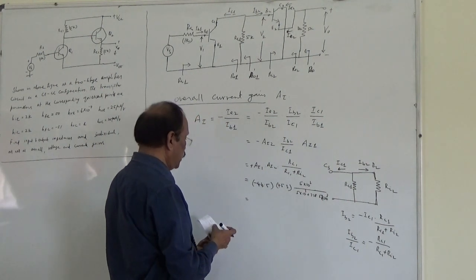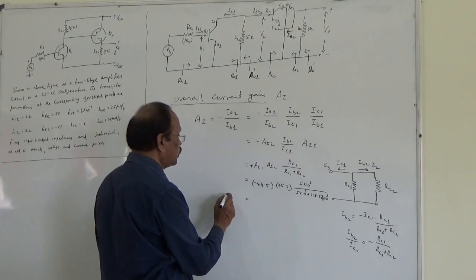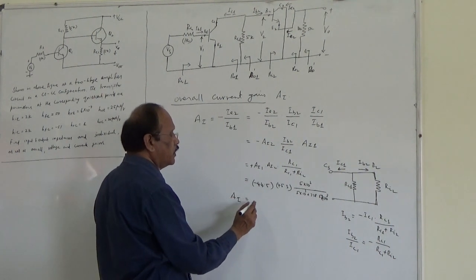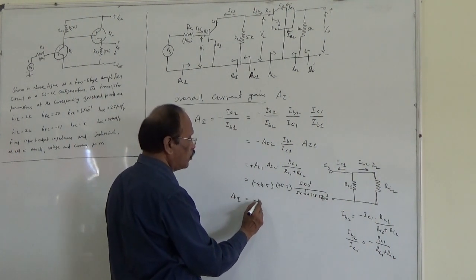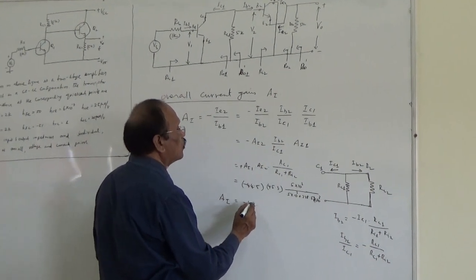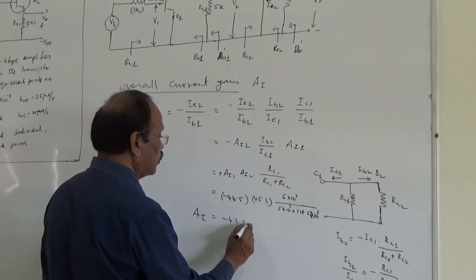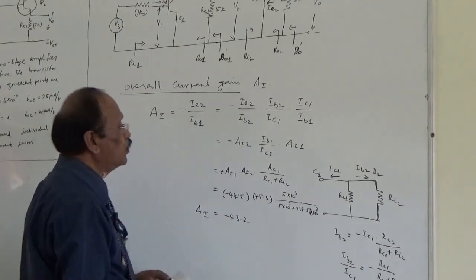So if we calculate, you will get the overall AI is equal to minus 43.52.